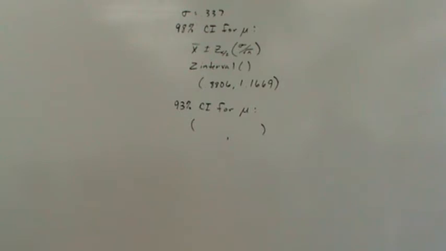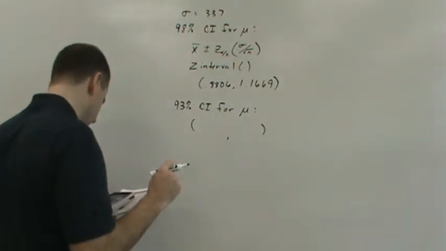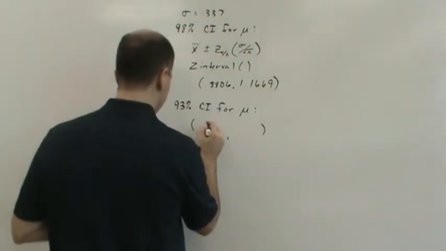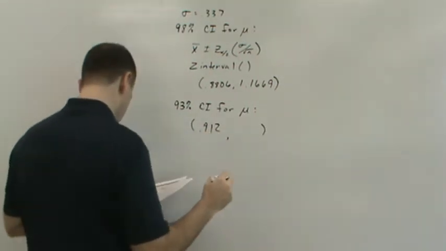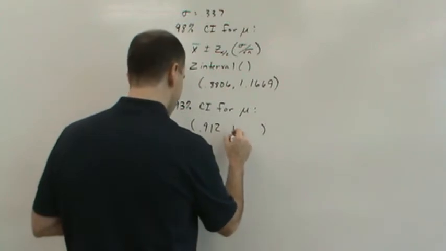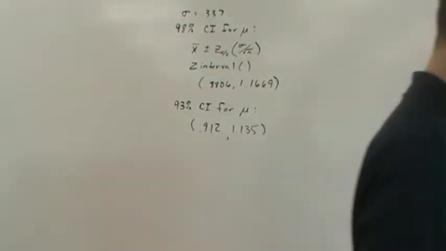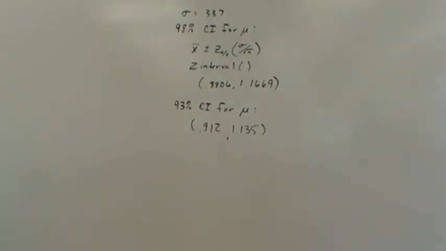Stat, tests, number 7 for Z interval, and we go back down and change it to 0.93. Now we get 0.912 and 1.135, and I'm just rounding these off to three decimals. And what if we do a 90?